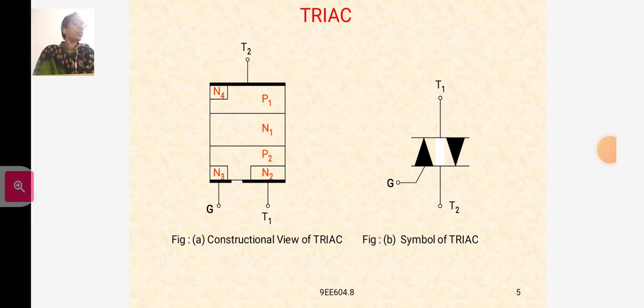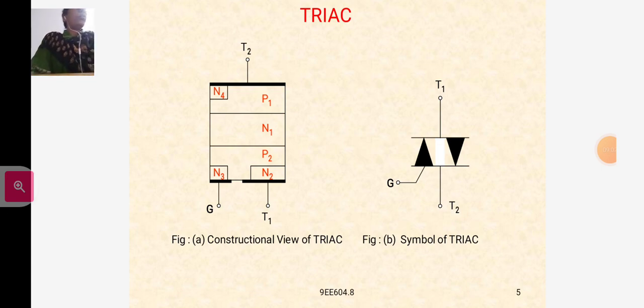It consists of 4 layers and 3 terminals. The 3 terminals are T1, T2 and the gate terminal. The gate terminal is near to the T1 terminal.